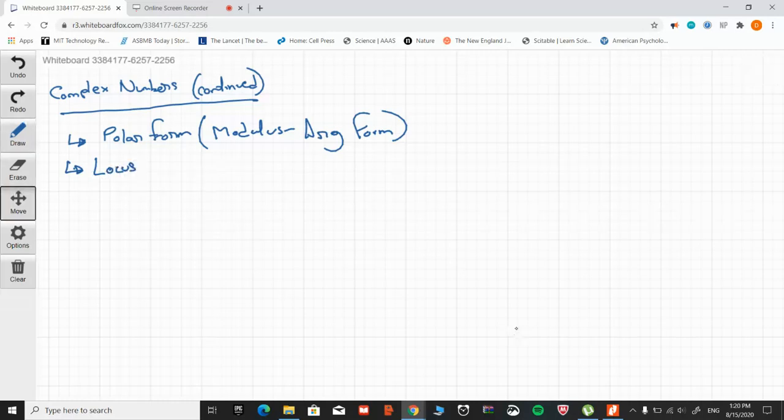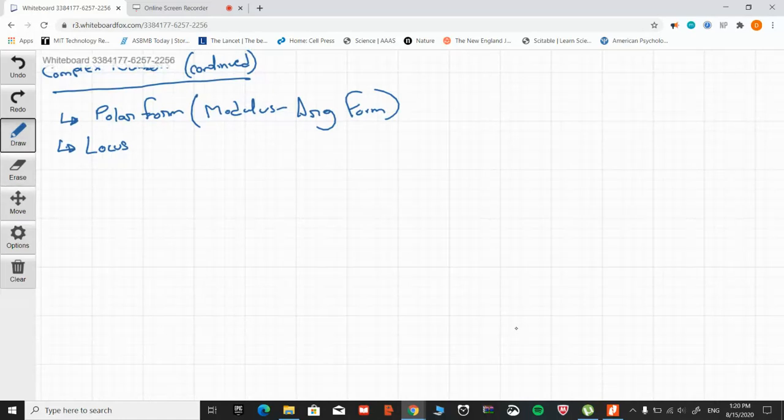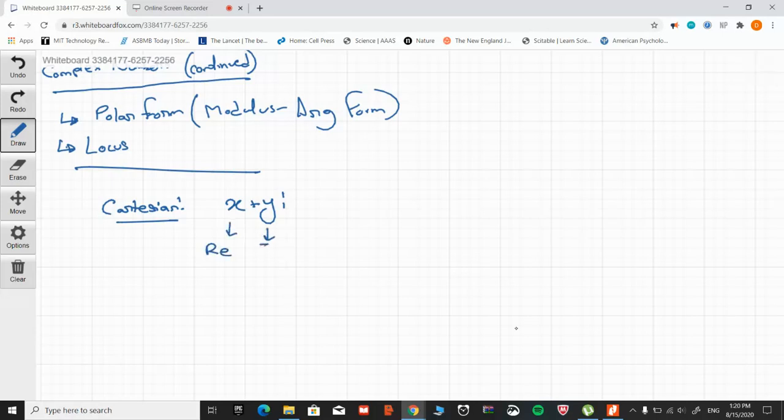So very quickly, we'll go over the polar form of a complex number. Now we already know that the Cartesian form of a complex number looks like this: x plus yi, where x being the real part of the complex number and y being the imaginary part of the complex number. However, we can express this in another form involving something called a modulus r of the complex number, as well as theta, which is the argument, or also called the principal argument of a complex number.